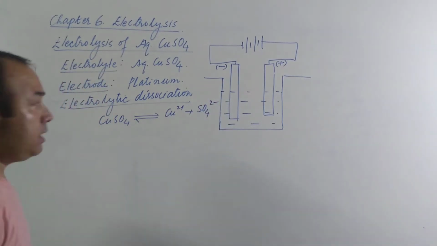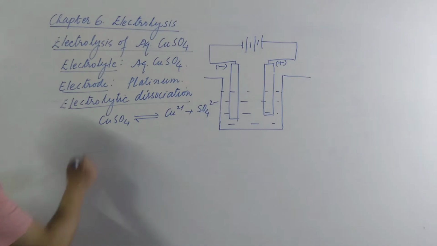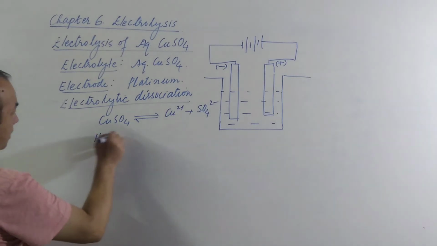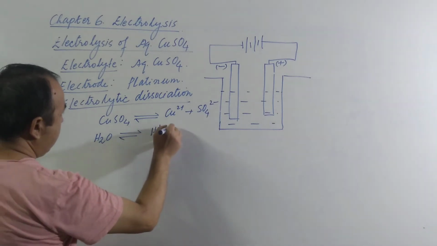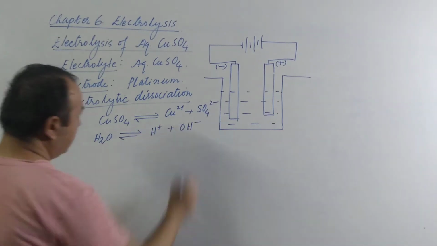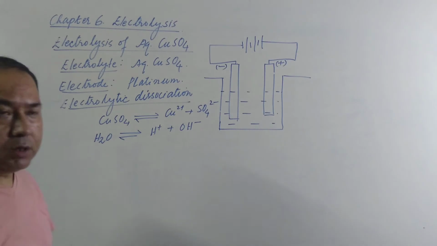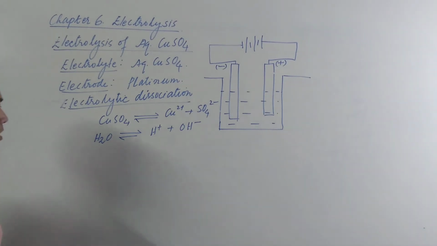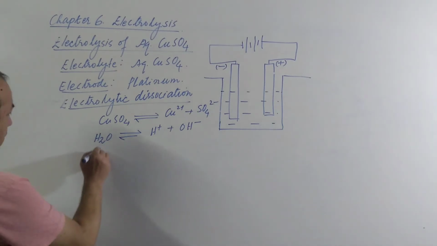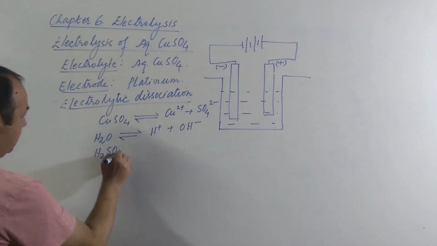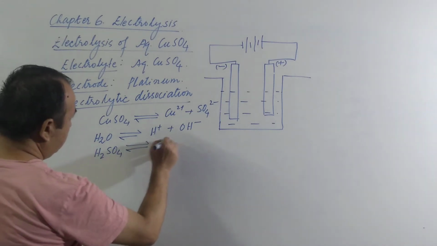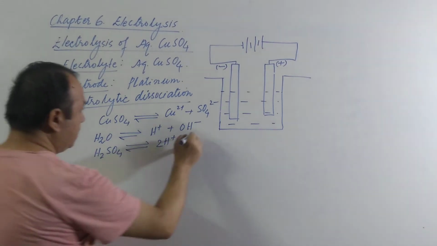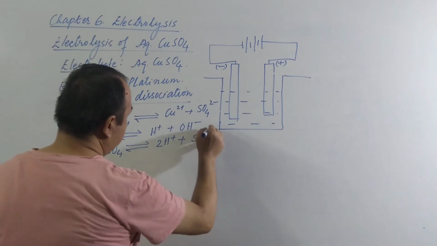As water is also present, water gets decomposed to form hydrogen ion and hydroxyl ion. As I just told you, traces of sulfuric acid are added, so sulfuric acid also gets decomposed to form two hydrogen ions and a single sulfate ion.